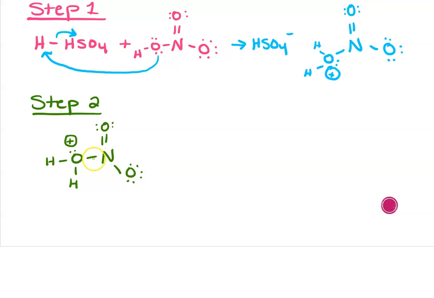These electrons here are going to move to make a double bond there, and that pushes these electrons to come over to this oxygen and supply that, and now our water has broken free. So here we end up with our product of water, and we end up with this N double bond O, and this guy overall has a positive charge. So this is our nitronium ion.